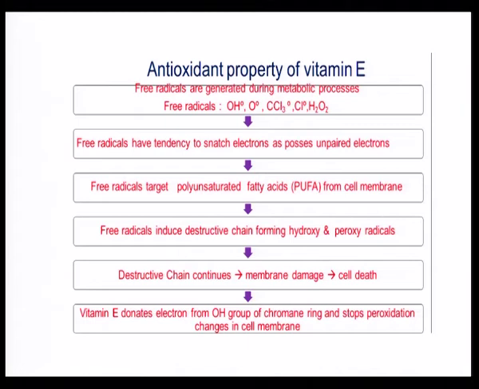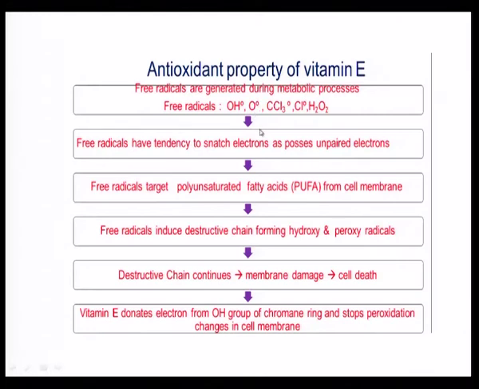If there is a homolytic cleavage, each of the electrons which was donated to make the covalent bond now goes separate, and this leads to the generation of free radicals. Free radicals are extremely active, extremely sensitive, and they can quickly trigger a reaction.